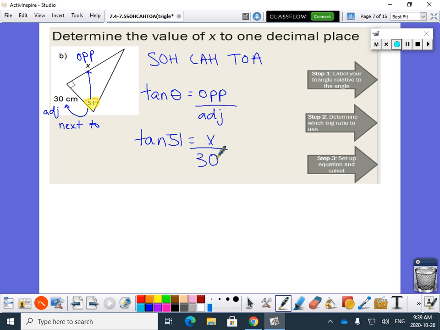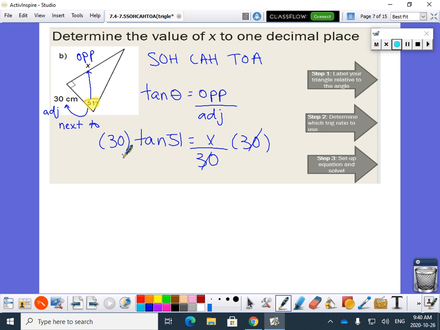In order to get rid of this 30 on the bottom, do you remember what we do? Multiply. So we are going to multiply this side by 30, and what you do to one side, you always have to do to the other side, right? So if we're multiplying this side by 30, I'm just going to cross those out. Then we have to multiply this side by 30.